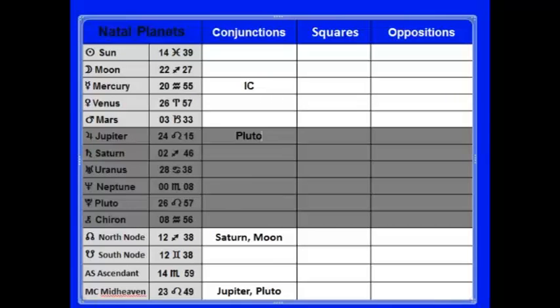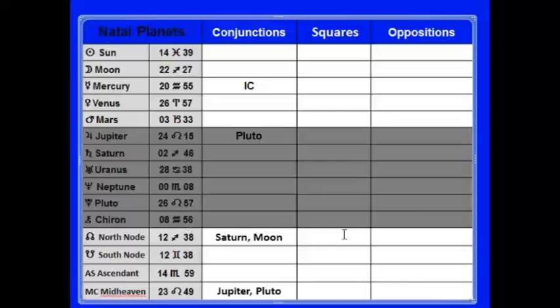We wouldn't write Jupiter in there because that would be putting it in twice. So this will count as two conjunctions because Jupiter is conjunct the midheaven and Pluto is conjunct the midheaven. And then Jupiter and Pluto are conjunct each other. So really, there are 3 conjunctions taking place there.